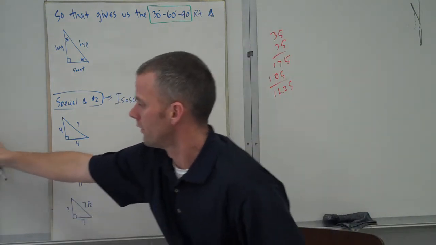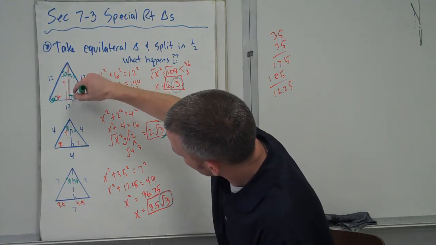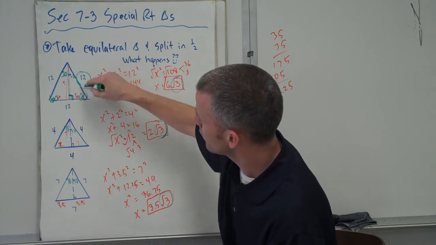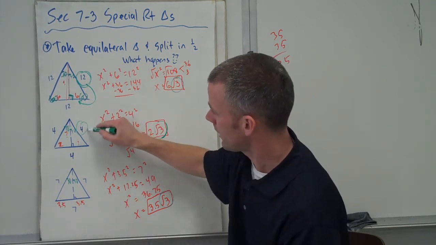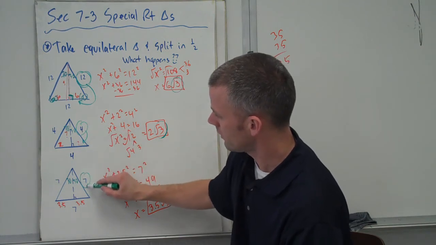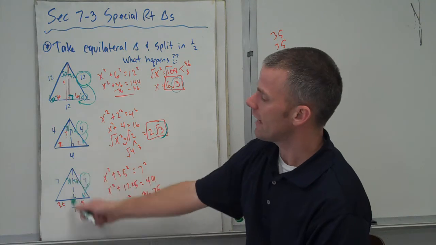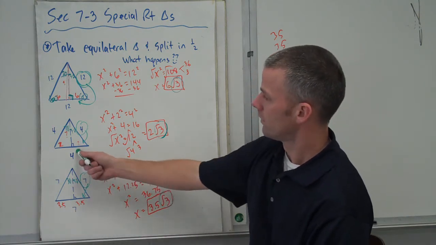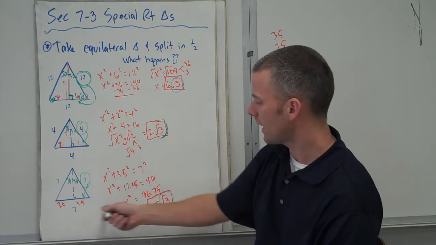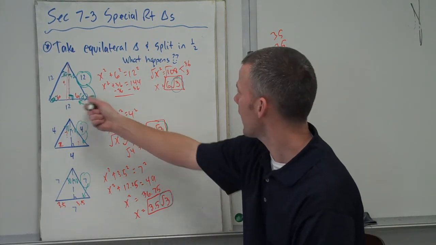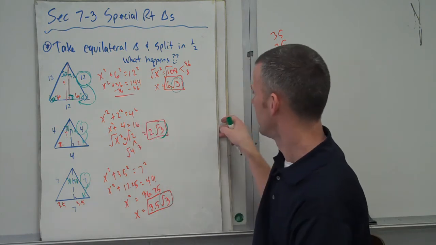Notice here, if this is my right angle, I've got my hypotenuse. This segment was always half of that. Hypotenuse, always half. The altitude was just that short side with a radical 3. Short side with a radical 3. I think you get the picture.